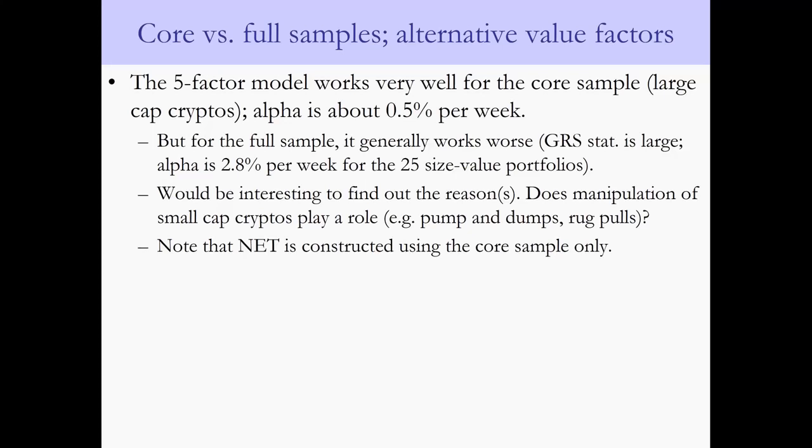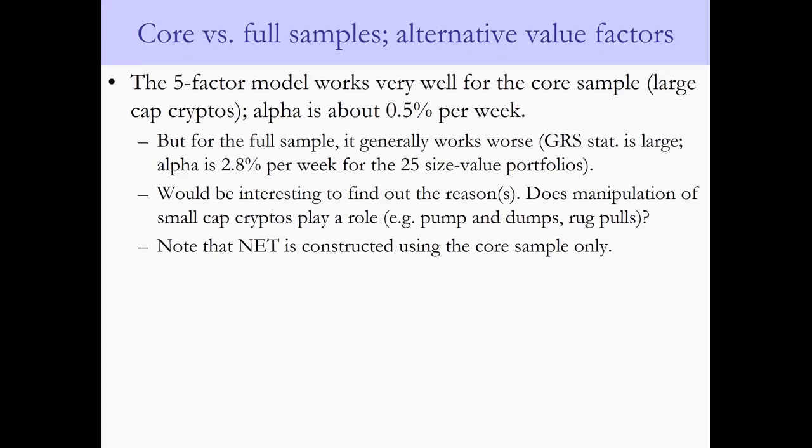As I mentioned before, the model works really well for the core sample, which includes mostly large cap cryptos. But for the smaller sample, for the 4 sample, it in general works worse. For instance, the average alpha is about 0.8% per week, which is pretty large for cryptos. So I think it will be interesting to find out what are the reasons behind such a difference.